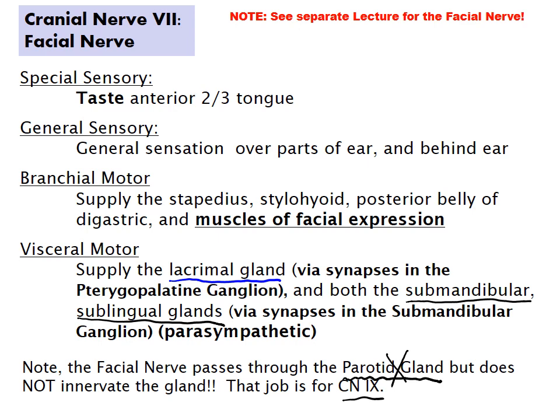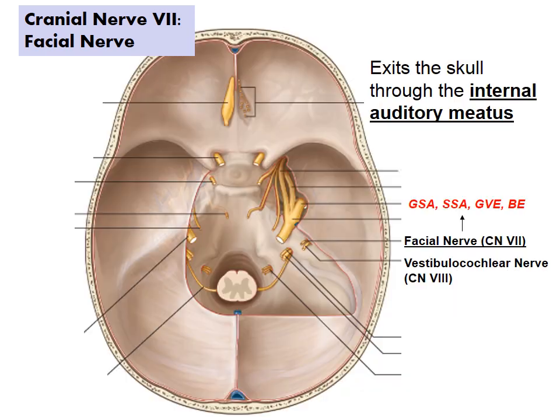So our tears will dry up. The lacrimal gland will shut down in a sympathetic mode. But under parasympathetic control, that's via the facial nerve into that lacrimal gland.